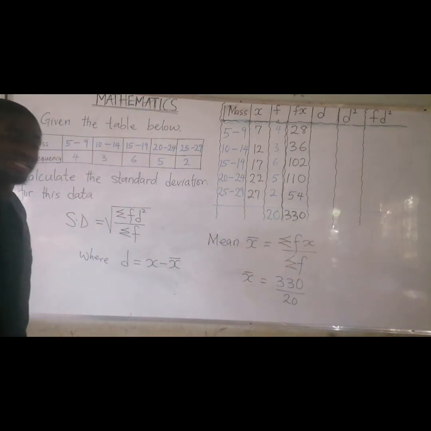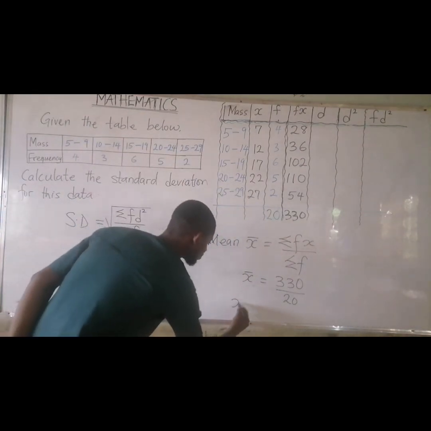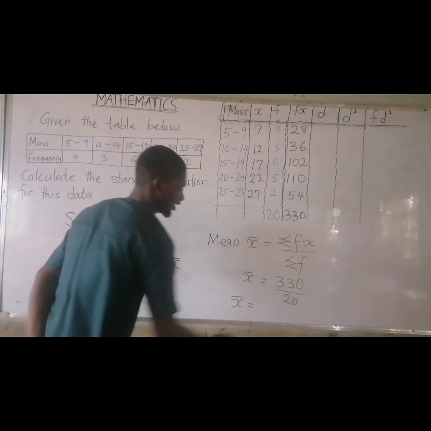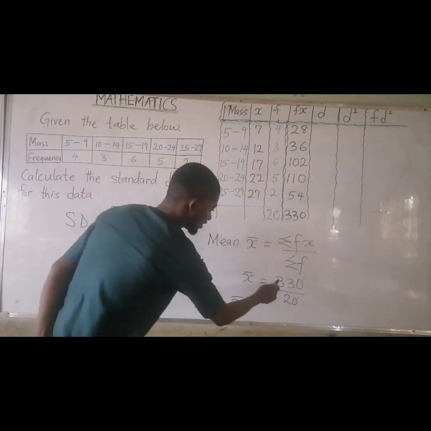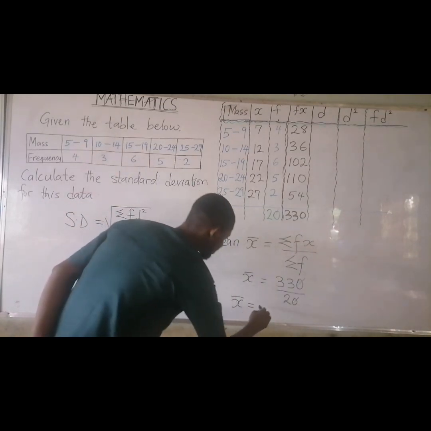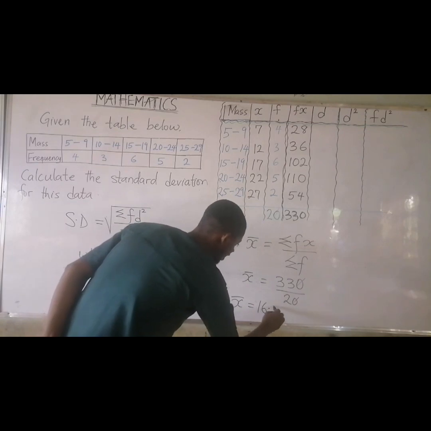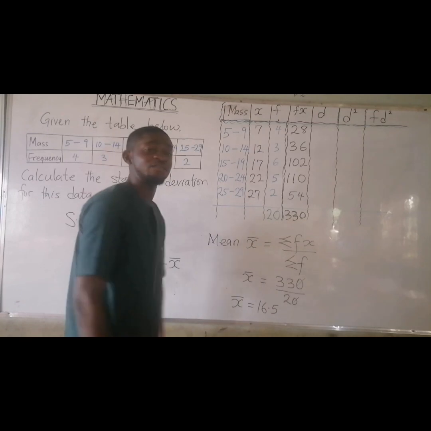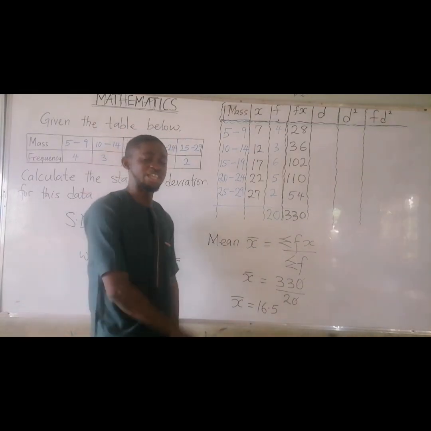If we do that, 2 can go in 33, that's 16, remainder 1, that's 16.5. So 16.5 is the value of our mean.